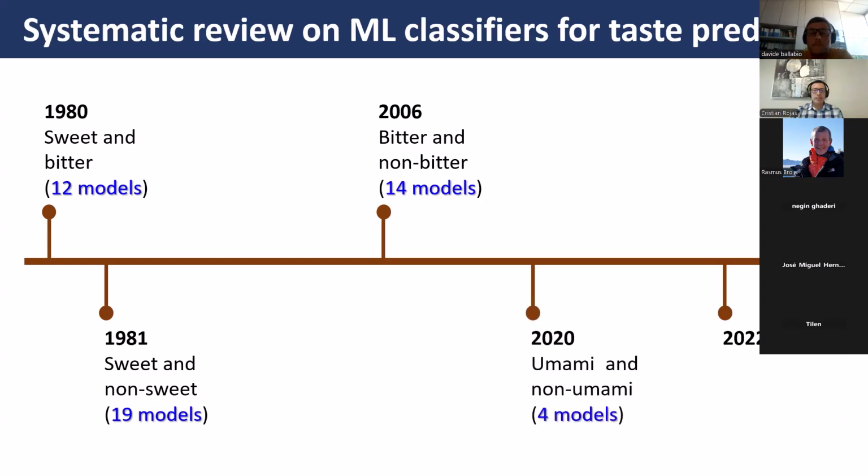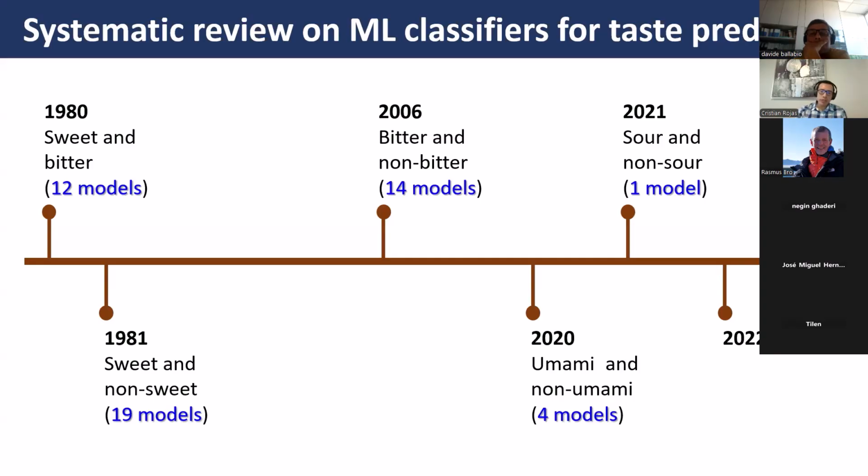In recent years, particularly in 2020, the first work for umami prediction was published, and during this systematic review, we identified only one model for sourness prediction, probably because sour compounds are not as numerous as sweeteners and bitters.